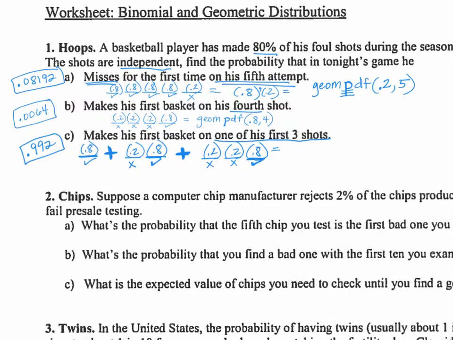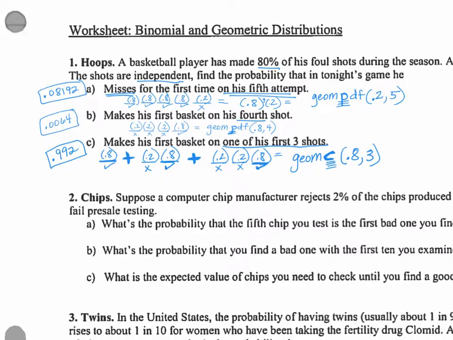So this is a situation where it is not a geometric PDF. You have a geometric CDF because you are accumulating a success, and that 0.8 is my success, in up to and including the 3rd spot. So in the 1st or the 2nd or the 3rd. And that's how you would get that answer there.